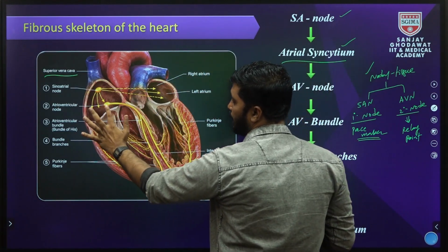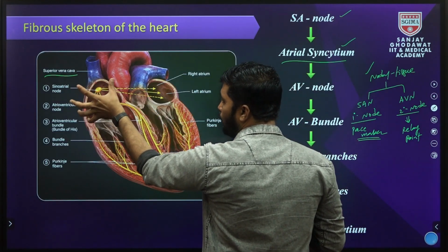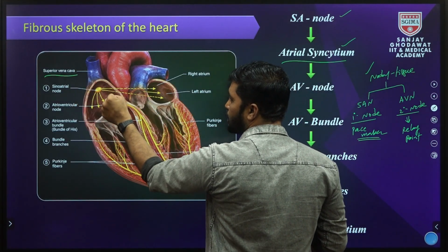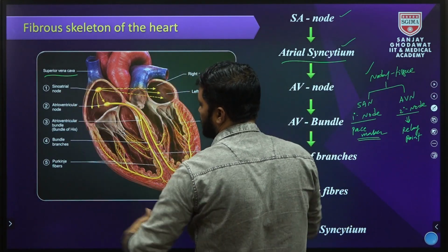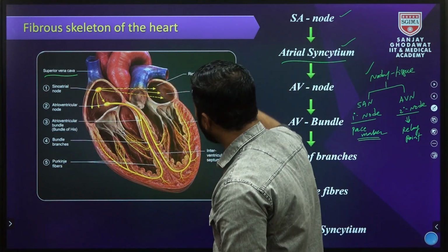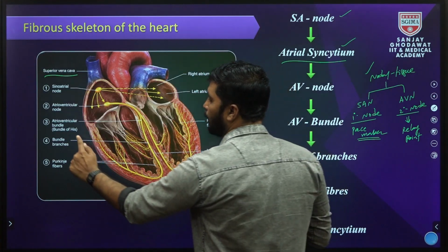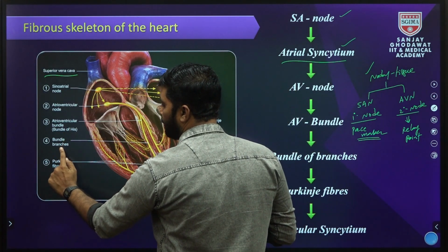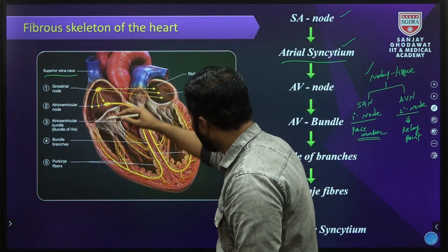Now we go to the secondary node. When the blood reaches the ventricles, the secondary node receives the action potential and relays it towards the ventricular musculature by specialized structures arranged in the ventricular musculature. These are the bundle of His, the bundle branches, and the Purkinje fibers.